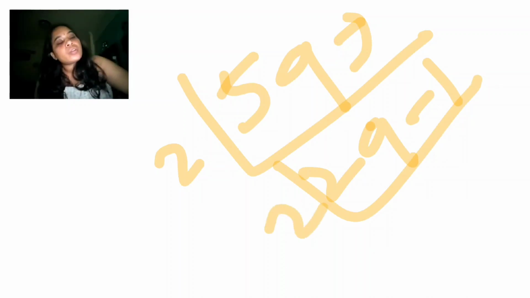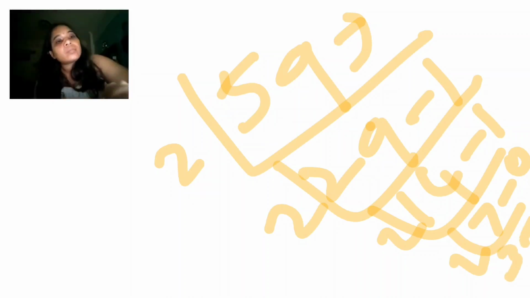Again 2 2s are, remaining 1. 2, 7 2s are, 2 2s are, 3 2s are 6, remaining 1. And 3 you can divide.